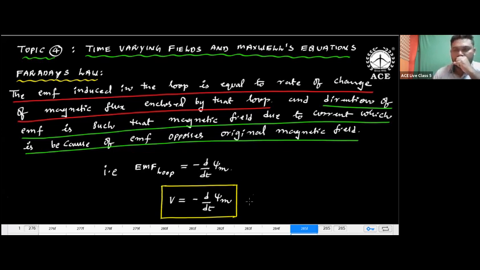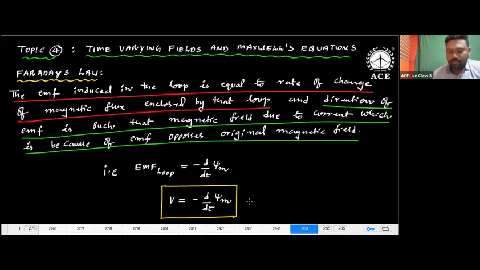Okay. See here, it is a very simple thing. This law starts in your 9th or 8th standard physics textbook, isn't it? But here we are interested in defining the integral form and differential form.